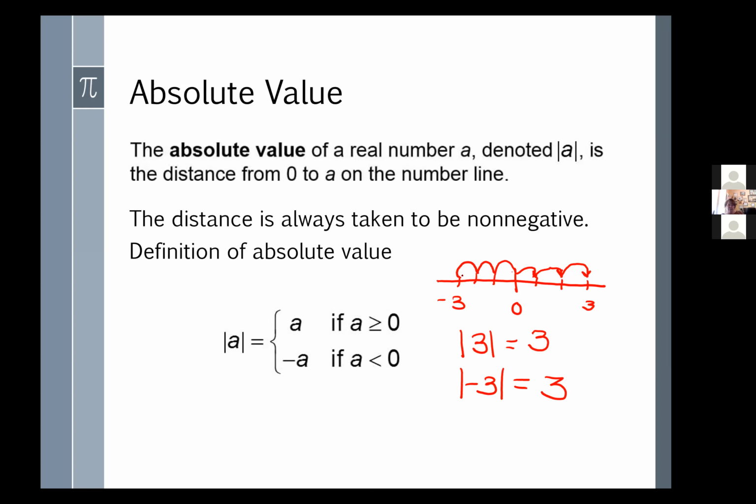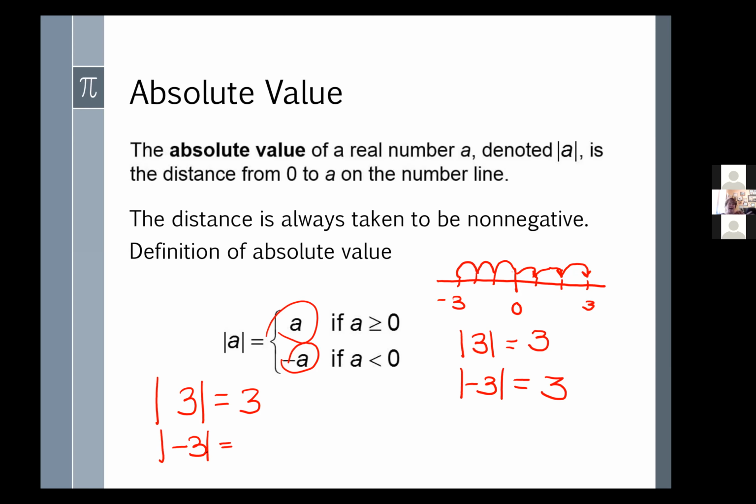So the way you find absolute value is if you're taking the absolute value of a positive number, you just drop the absolute value symbols. If you're taking the absolute value of a negative, then you change the sign of whatever that number is.